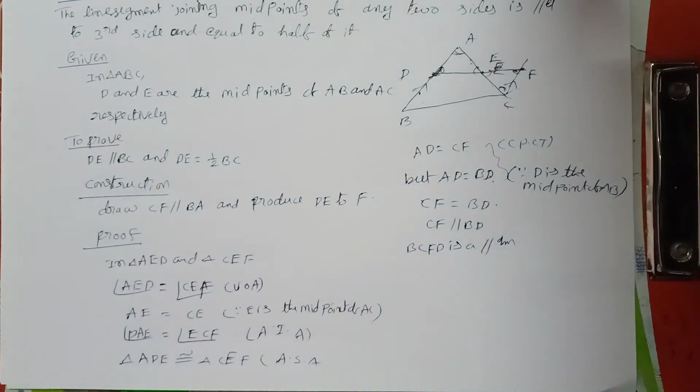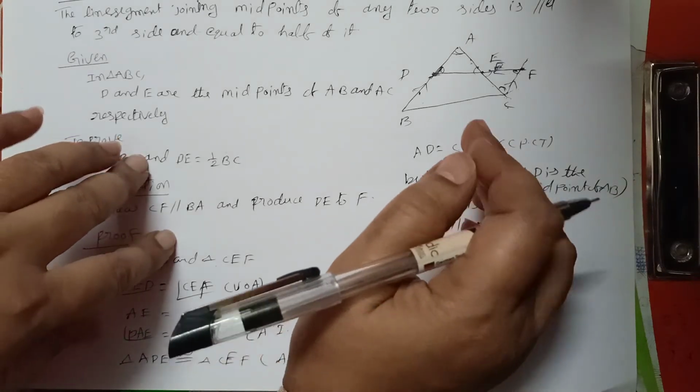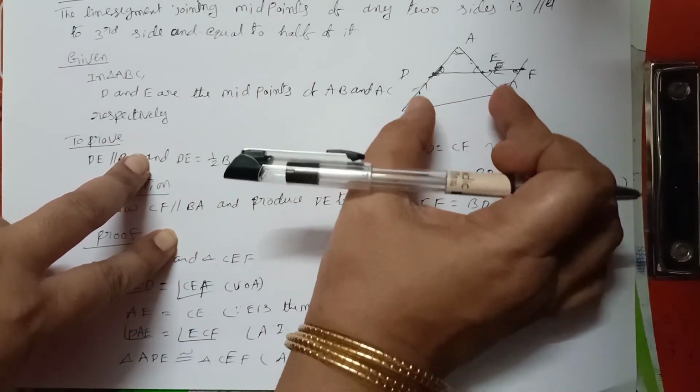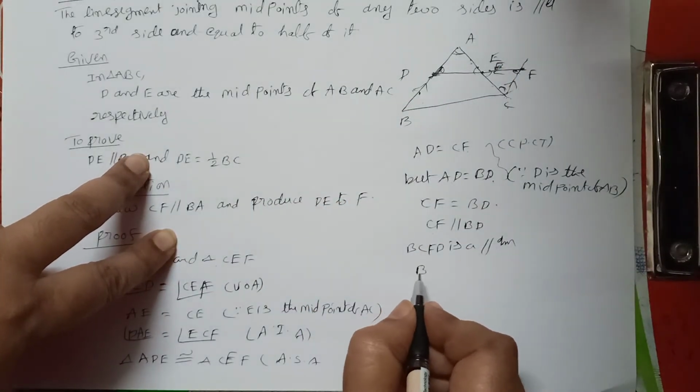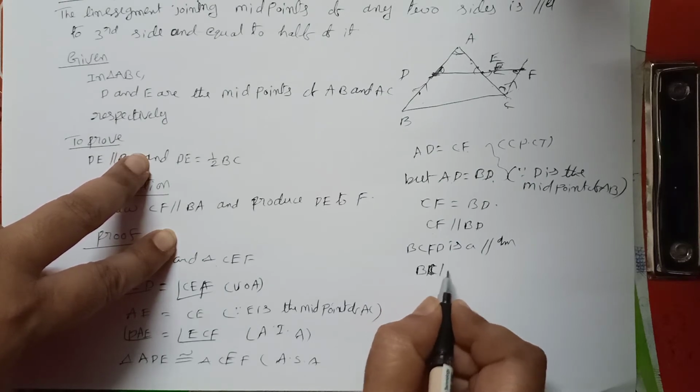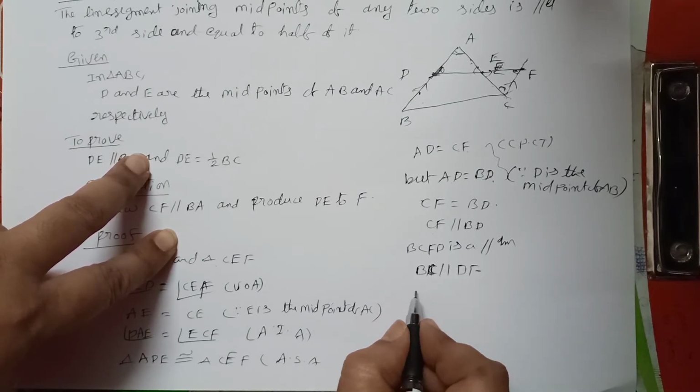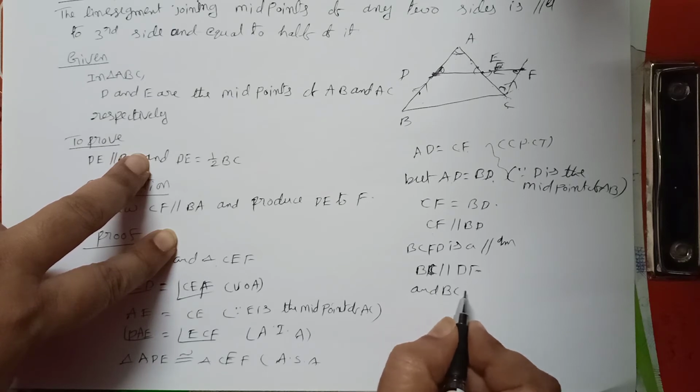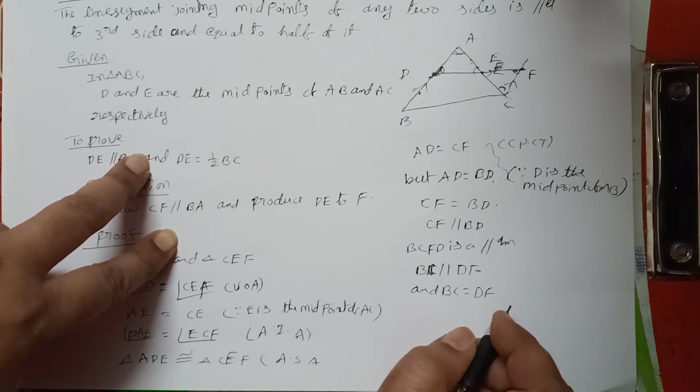In a parallelogram, opposite sides are equal and parallel. Therefore, BC parallel to DF, and BC is equal to DF.